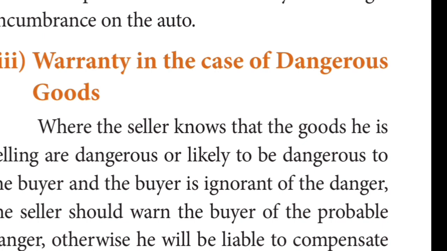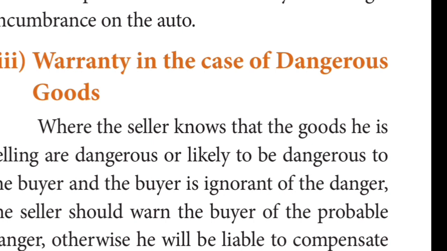Then you have the warranty in the case of dangerous goods. For example, let's take the usage of acid. The seller doesn't disclose that the acid mustn't fall on your skin or make contact with your skin. He ignores that danger and sells it.